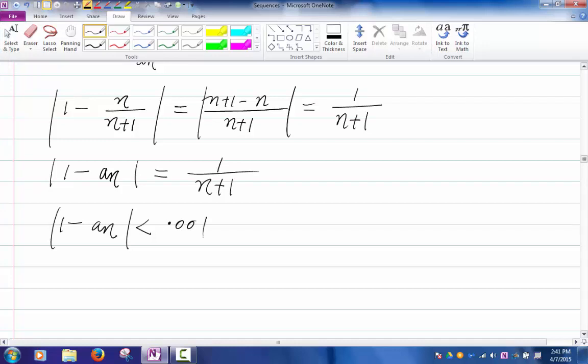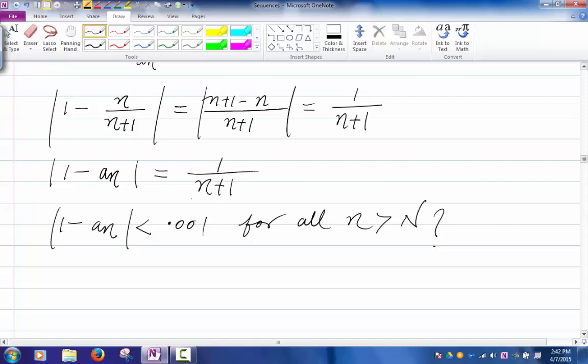That means, can I have the difference be less than 0.001? Can I accomplish that for all n after some point? Can I make the difference smaller than any given small number you give me, for all n after some point on? After some point on, all the terms will have to satisfy this. Is that making sense? Now, can I accomplish that?